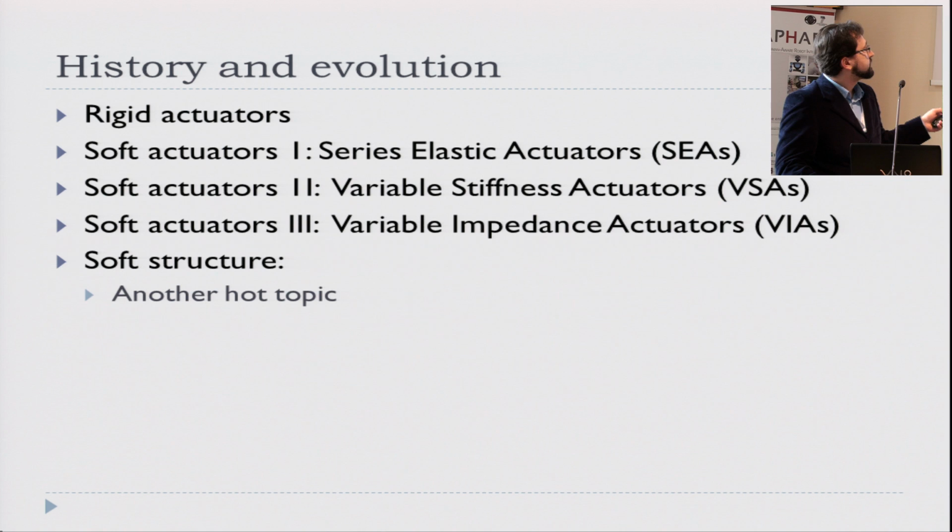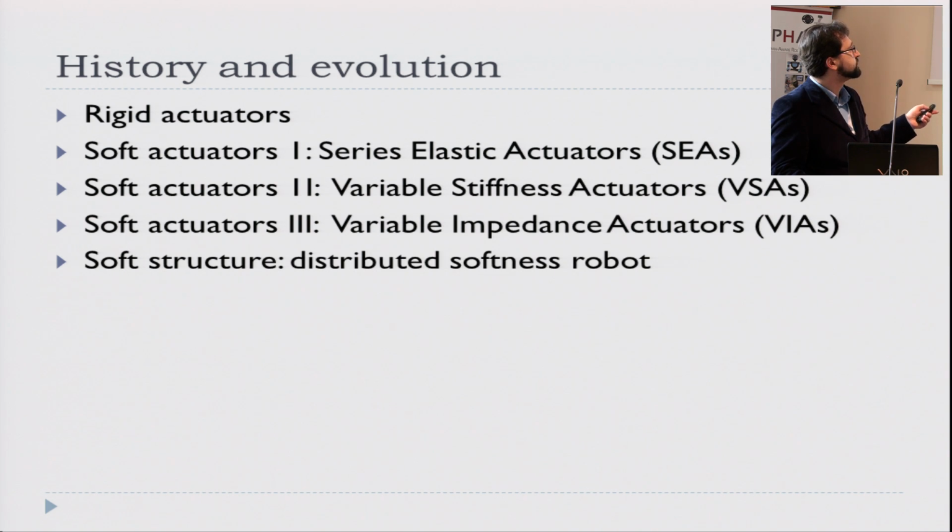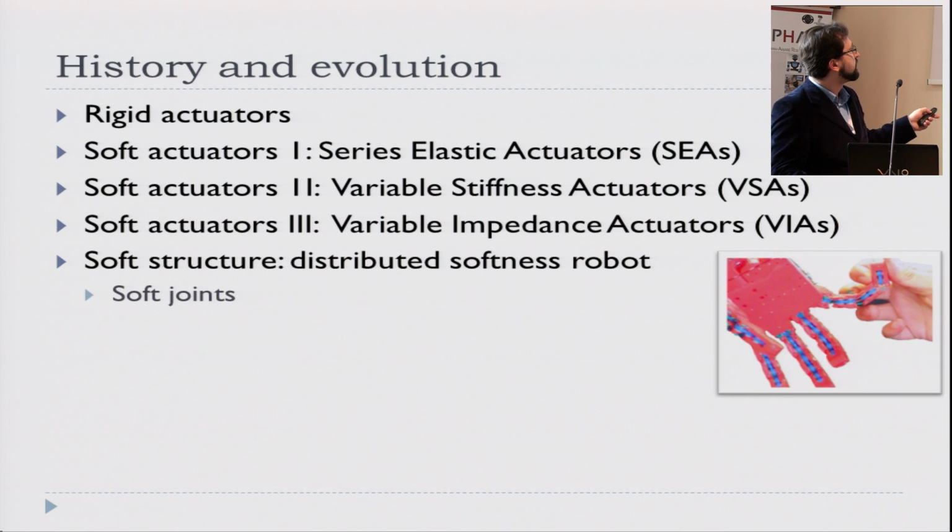And then the step which is even further, which is also another very hot topic in research, is robots with soft structure. So you have a robot in which the softness is distributed along the robot. You can have, for example, soft joints, like in the PSI-IT soft end, where each joint is made of a small part which is flexible in several directions.